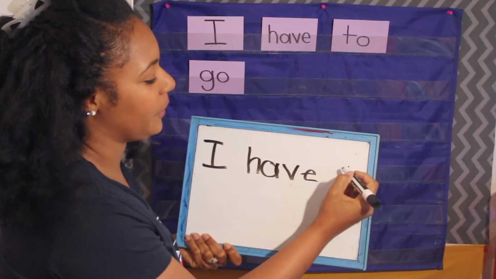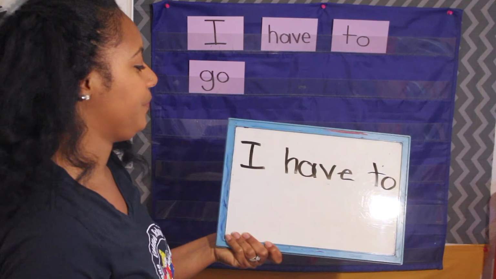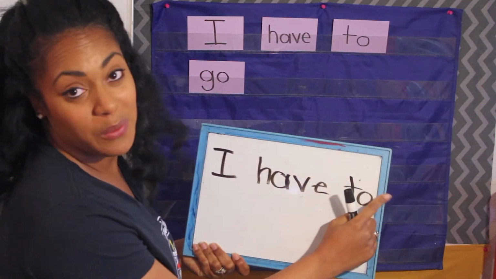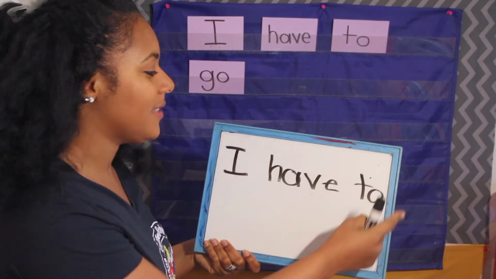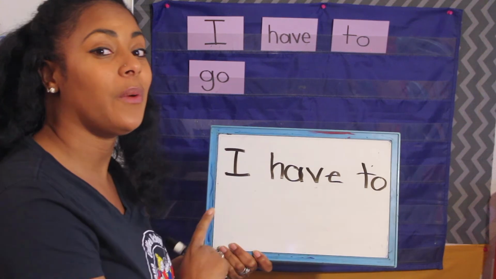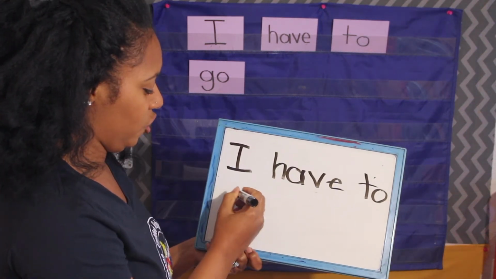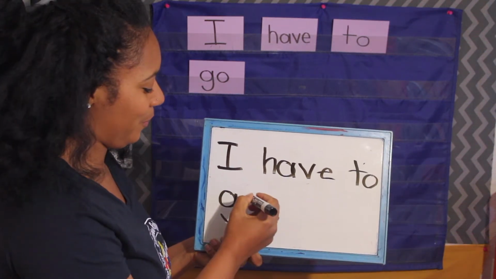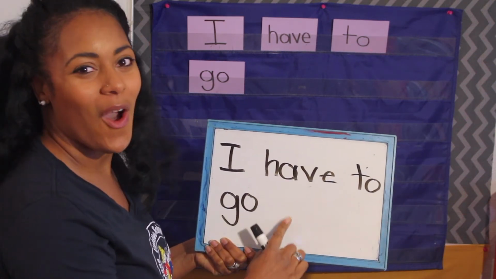Finger space, to. T, O. I have to go. Now I don't have any more room over here to write the word go, but if you have room, go ahead and write it over here. Since I don't have any room, I'm going to come under and go all the way back to the left side. Go. G, O. I have to go home.